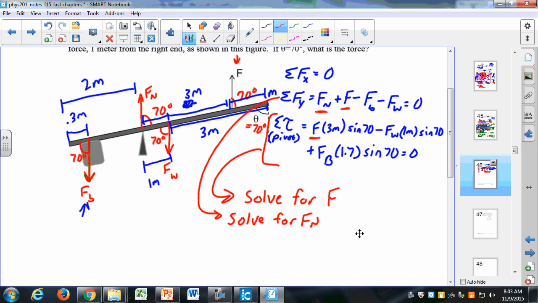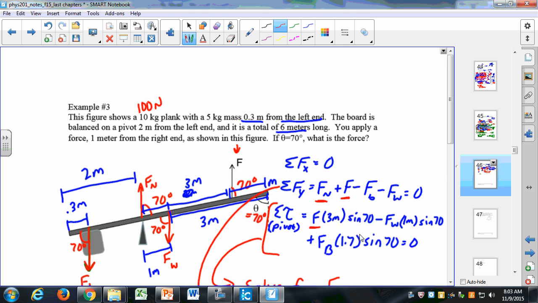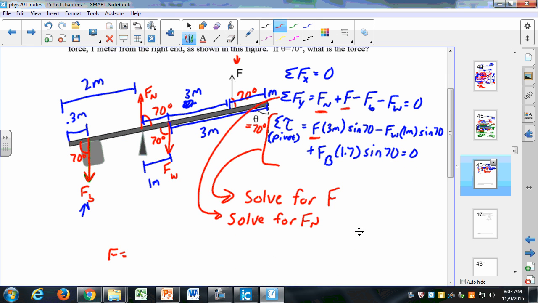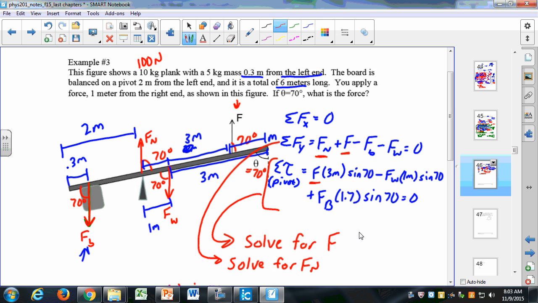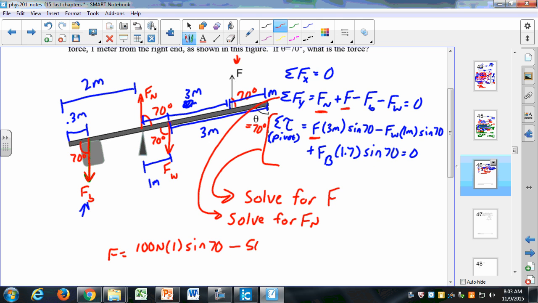All right, so we can solve this for F. I get F is equal to FW, which was 100 newtons, times 1 times sine of 70, minus FB. FB is 50 newtons, times 1.7 sine of 70.